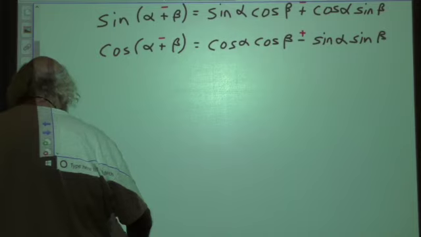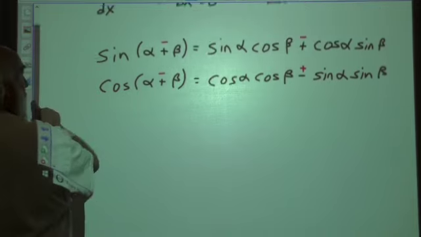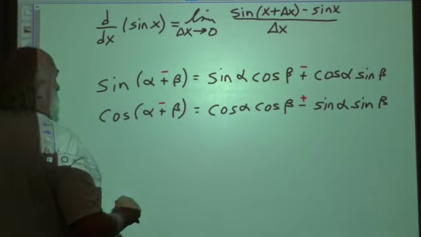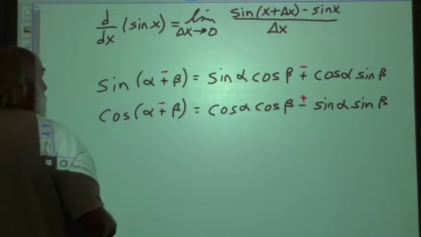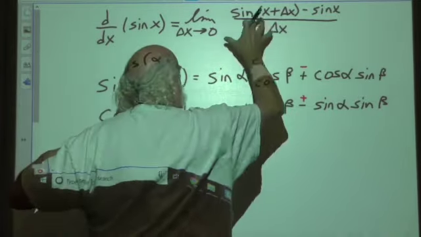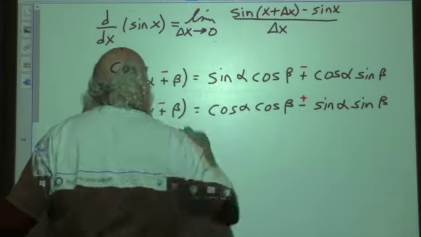So in this particular case right here, this is my alpha, this is my beta. We're going to look at the limit of this as delta x approaches 0, and we're going to focus on this quantity right here. We're going to use this to define this right here.